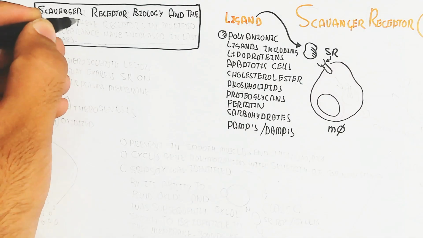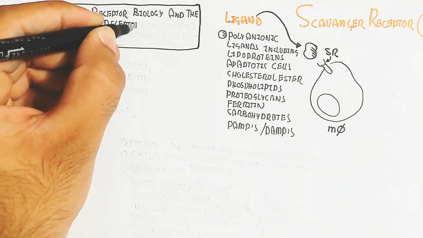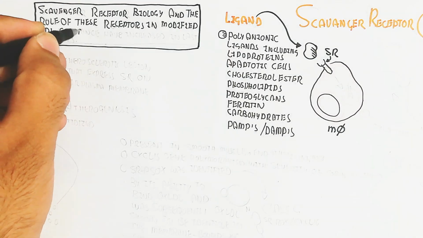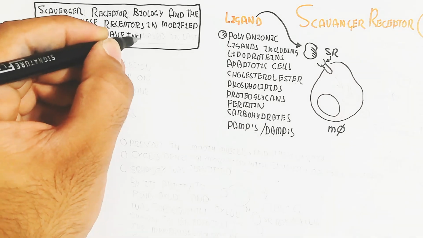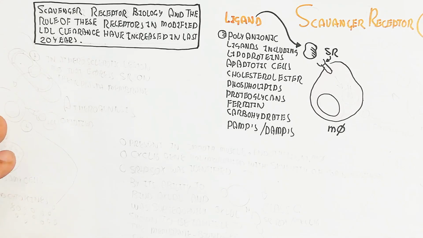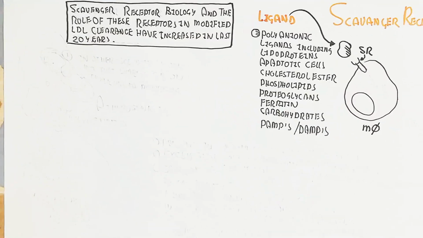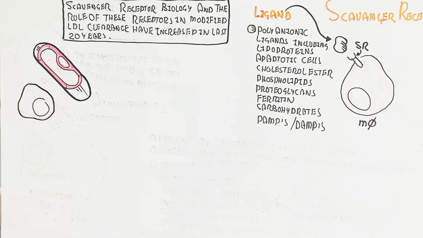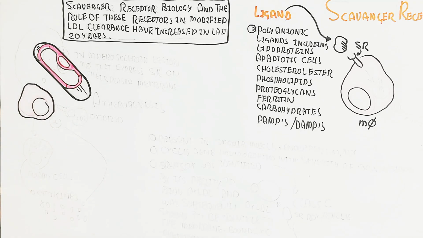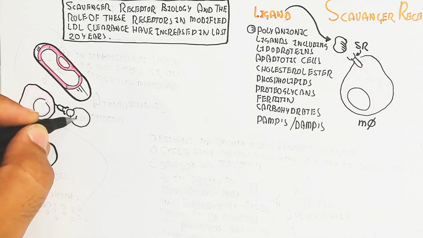The scavenger receptor biology and the role of these receptors in modified LDL clearance have increased in the last 20 years. In arteriosclerotic lesions, the macrophage expresses the scavenger receptor on its plasma membrane, and endothelial dysfunction will lead to invasion of the monocyte.